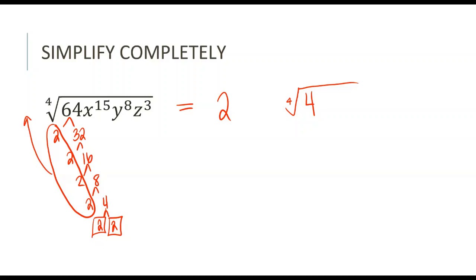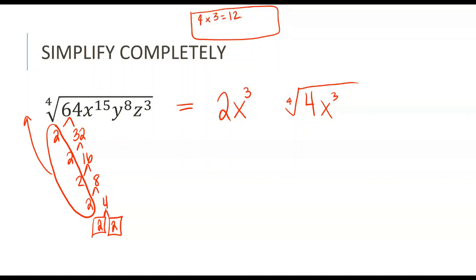Now, when it comes to the variables, we use this property of division. So ask yourself, how many times does 4 go into 15? 4 goes into 15 3 times to get 12. And then I would still need 3 more x's to make 15, right? Just to show what's going on in my head here. 4 times 3 equals 12.